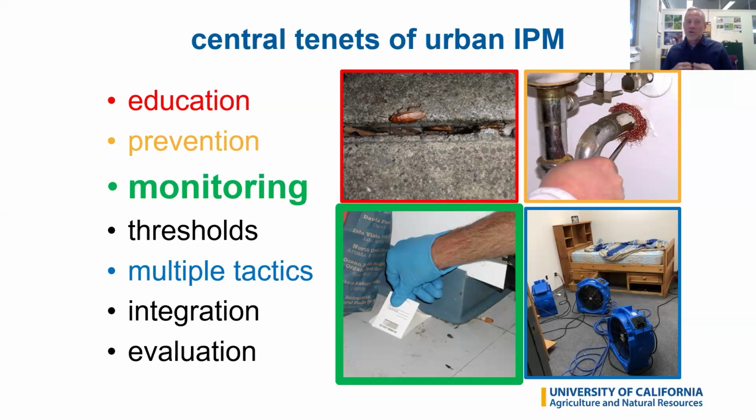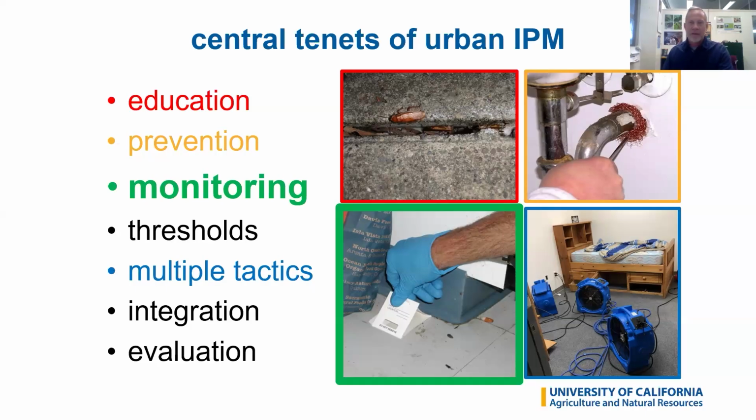On the other hand, if you're relying on non-chemical tactics, maybe habitat manipulation or exclusion, that may not be considered IPM either. For IPM to be truly integrated, we need to have multiple tactics that are working together to drive the pest population down. And then, of course, the final piece here is evaluation.